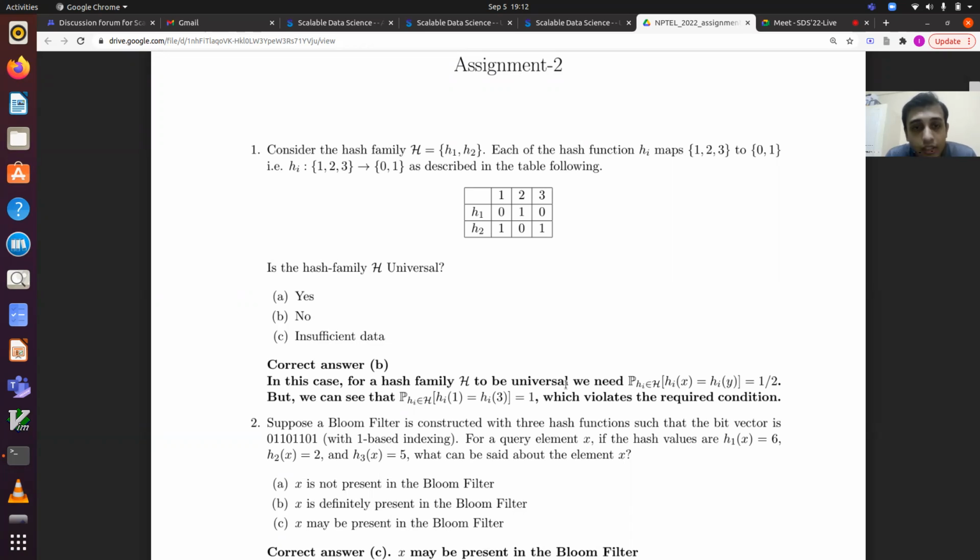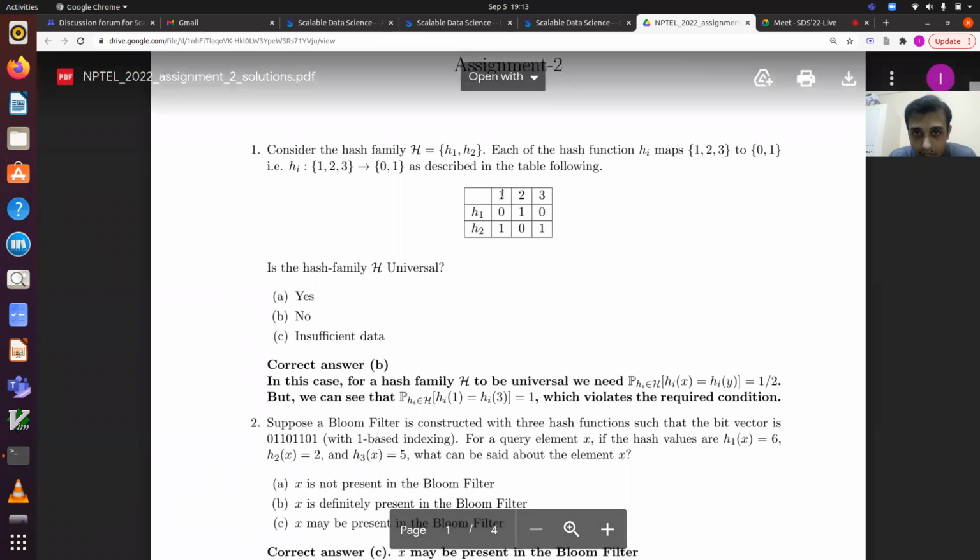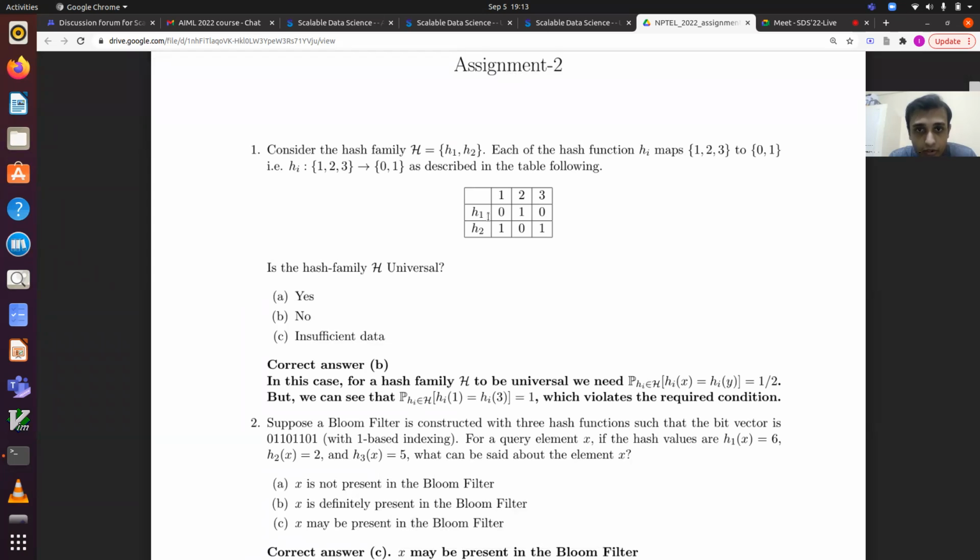It is saying that we need the probability to be half, but it is not. Because for the value 1, h1 is 0 and h2 is 1, and that's exactly the same as the position for 3.